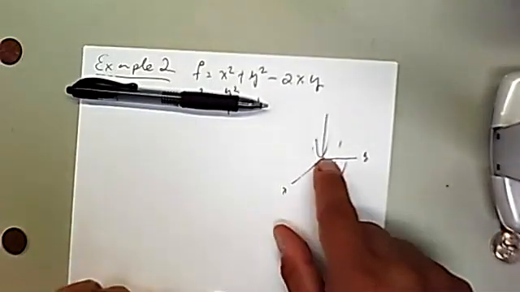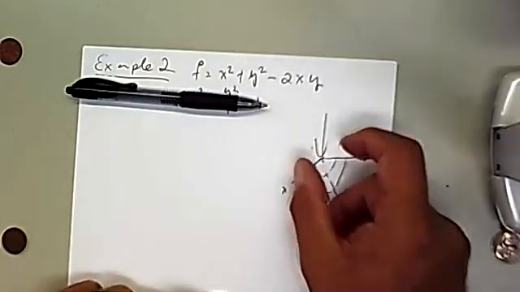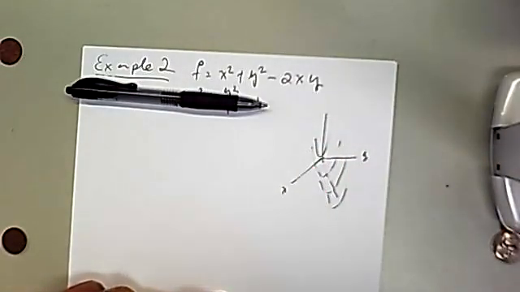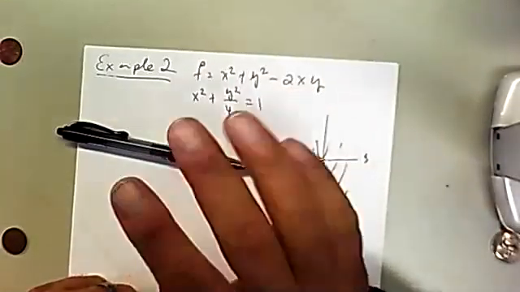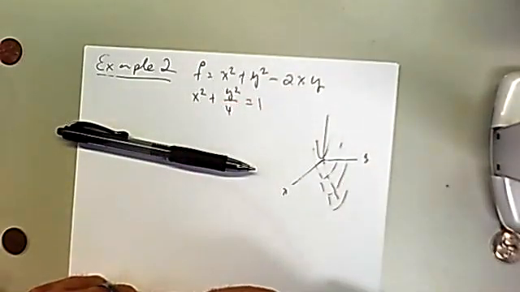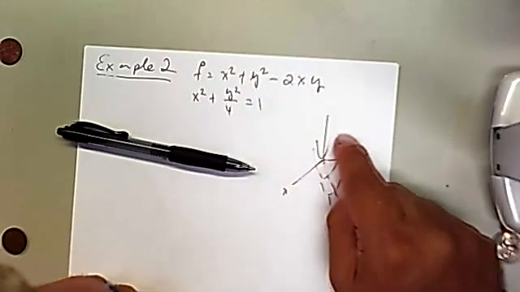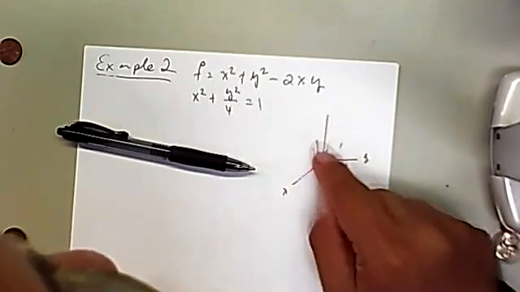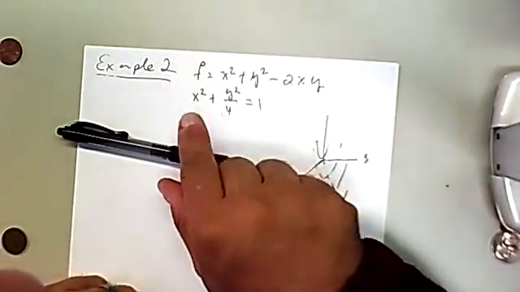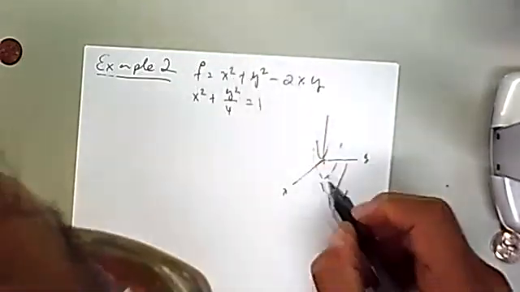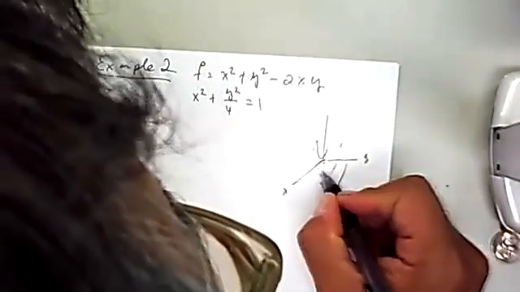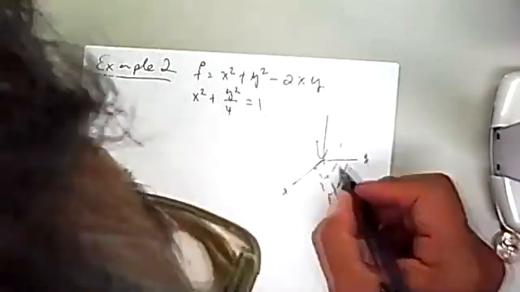It is a cylinder in the sense that if you go in one direction, you end up with the same problem no matter what. So I guess it could be a rotated cylinder. Be that as it may, I want to maximize and I want to minimize subject to this. Now this is an ellipse. The axis goes up to 2 on the y.